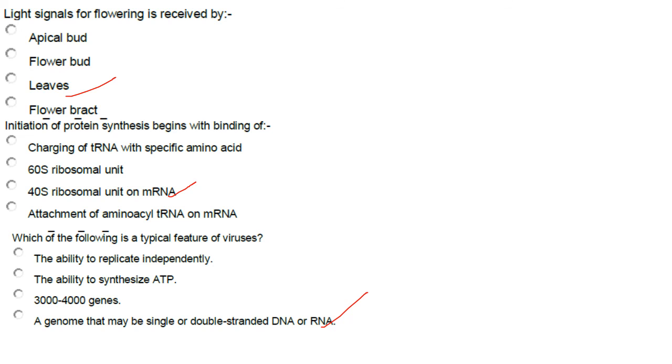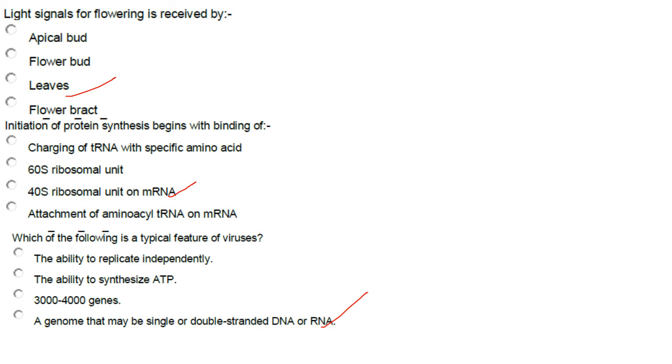Next one, light signals for flowering are received by the leaves. Initiation of protein synthesis begins with the binding of 40S ribosomal unit on mRNA. So answer is option C. The next one, which of the following is a typical feature of viruses?